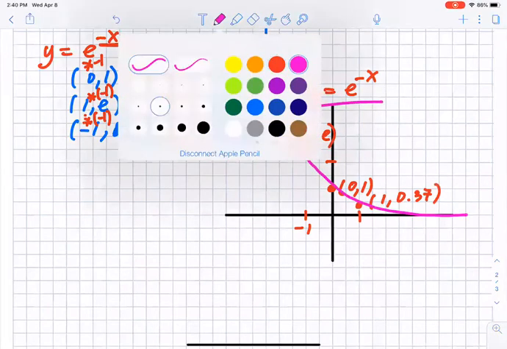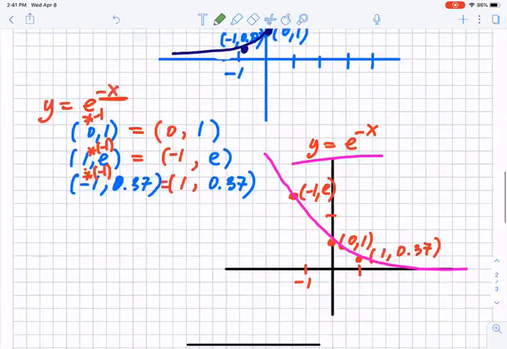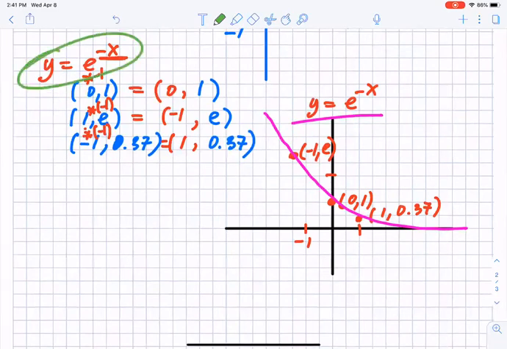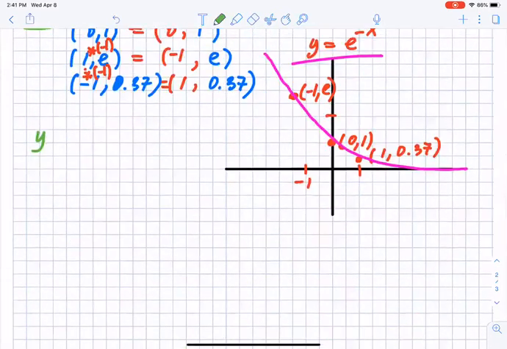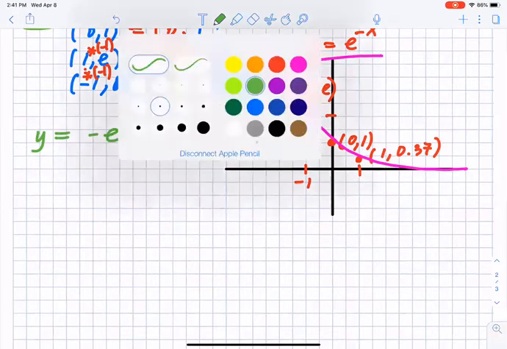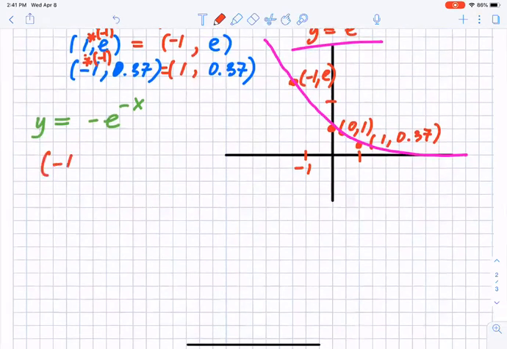Next, we're going to continue from here. Now let's take care of this part. We took care of that already. Let's do this one. So we have here points -1 and e from red. We have 0 and 1. Then we have 1 and 0.37.